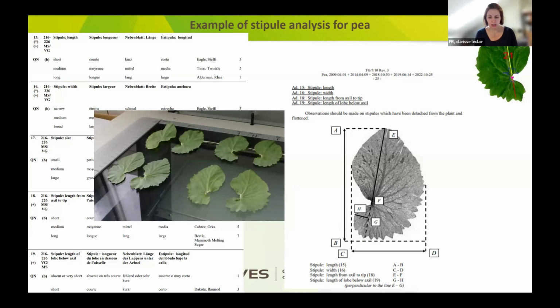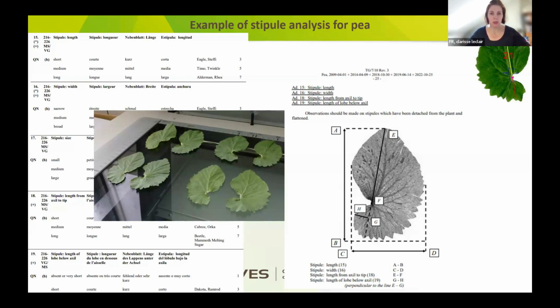So we use image analysis to measure several characteristics at once on the stipule. So in the guideline, in the technical protocols, there are several characteristics to be measured on the stipule: the length, the width, the length from axil to tip, and the length of lobe below the axil.